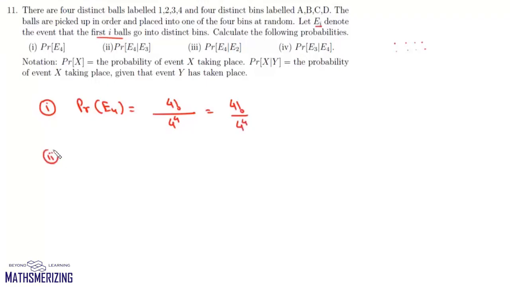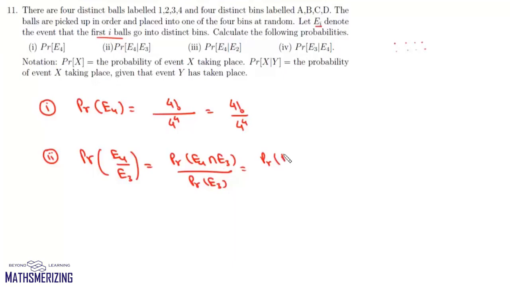Now the second one is this conditional probability. We have to find the probability of E4 when it is given that E3 has already occurred. So it will be probability of E4 intersection E3 upon probability of E3. Now what is E4 intersection E3? E4 intersection E3 is nothing but simply E4.